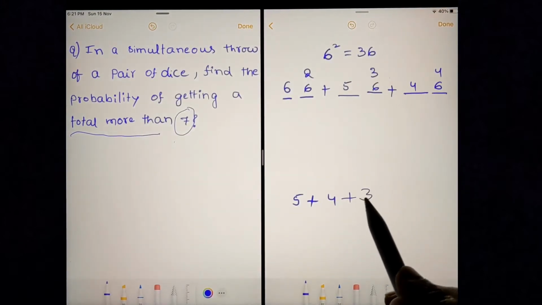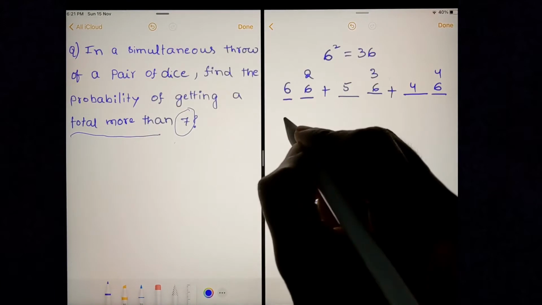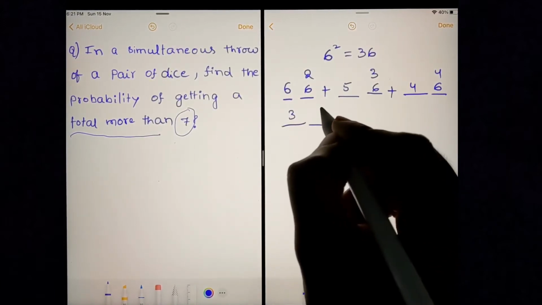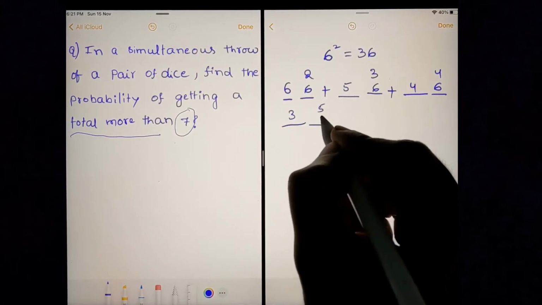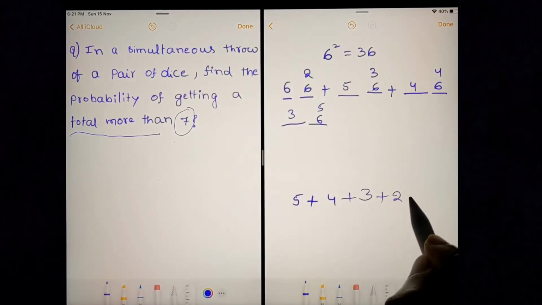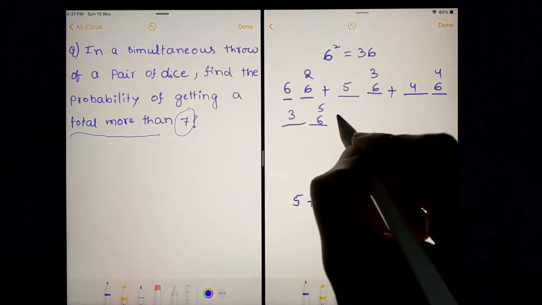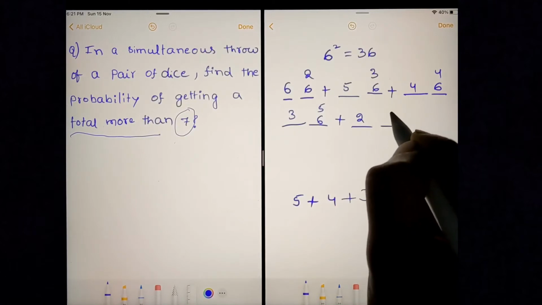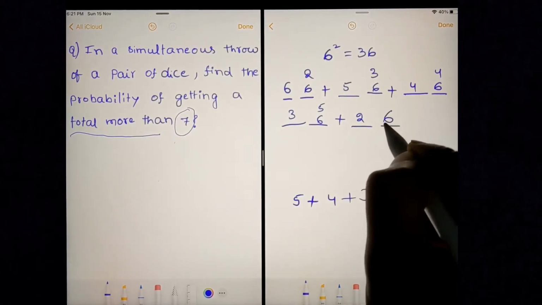This is 3 outcomes. Next, if the first dice is 3, then second dice should be anywhere in between 5 to 6. This is 5 and 6, 2 outcomes. Next, if the first dice is 2, then second dice should be 6 to satisfy the condition.